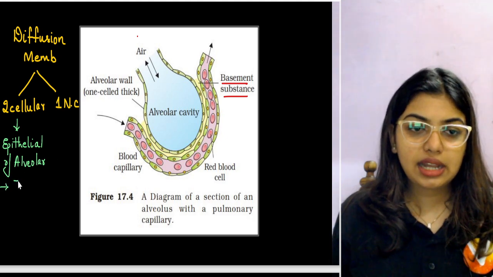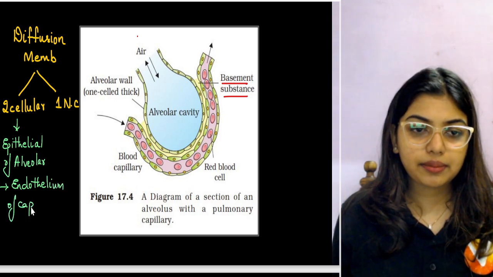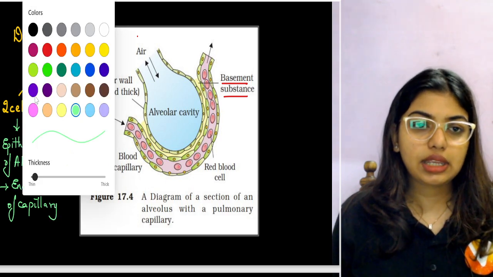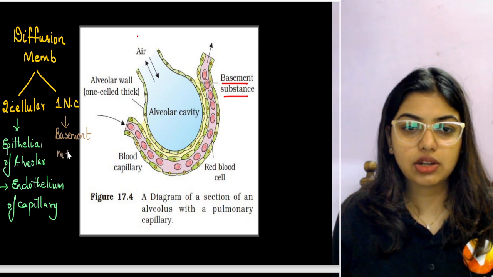And the endothelium of capillary. Then here, one non-cellular membrane is going to be the basement membrane. It's not made up of cellular part, so the non-cellular part is going to be the basement membrane.